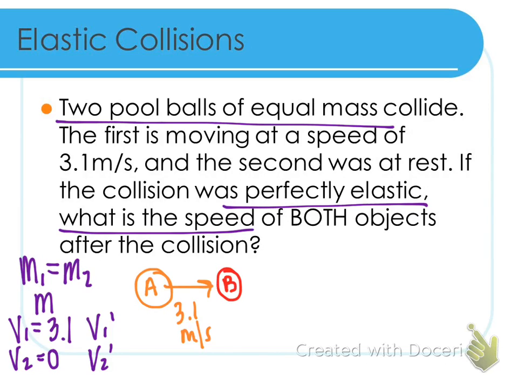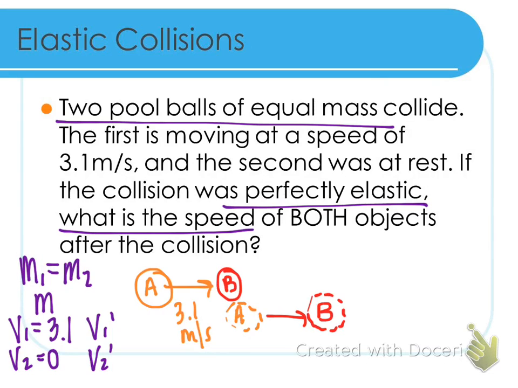And when we have a perfectly elastic collision, that means there's a 100% transfer of momentum from one object to the next. So what happens here is that pool ball A will come to a stop, and pool ball B will begin moving at 3.1 meters per second.